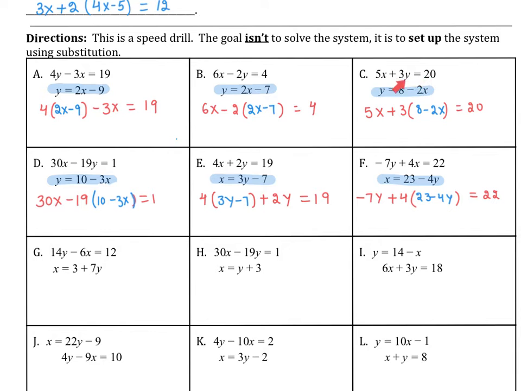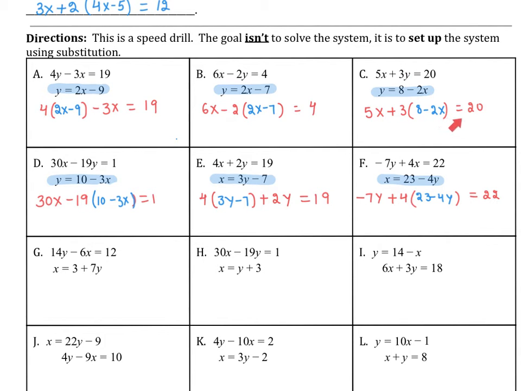So let's do letter C. This is the first equation, this is the second equation. Out of these two, you're going to recognize which one is isolated. I highlighted this one because y is isolated in this equation. Now I'm going to plug the y value, 8 minus 2x, into the first equation.